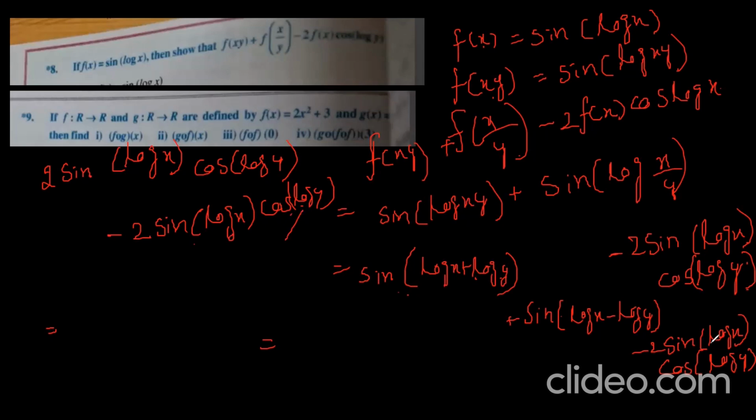I got 2 sin a cos b, and this is the same thing, 2 sin a cos b. Those two will cancel, right? You are getting 0. Understand? So totally it becomes 0.